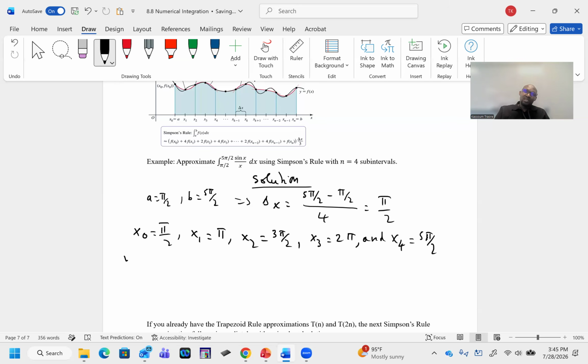Of course, let's not forget what our f of x is. f of x is sine x divided by x, and n is 4. So the Simpson rule says S4 will be equal to (f of x0 plus 4 times f of x1 plus 2 times f of x2 plus 4 times f of x3.